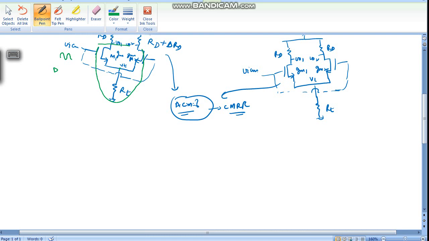So we consider it like this is RT, this is VICM, this is VT, and because of these two we can consider it like 2W by L, as this is W by L, this is also W by L. So we can make it like this. This is the equivalent circuit for the lower portion.